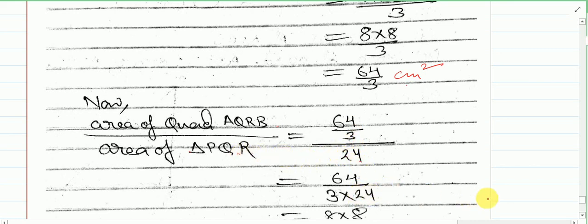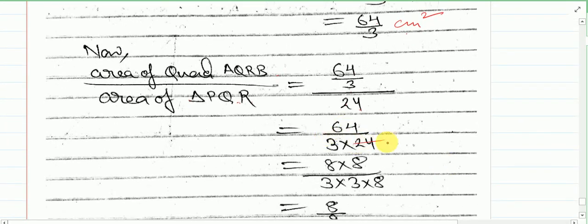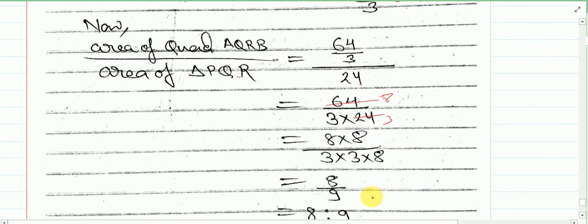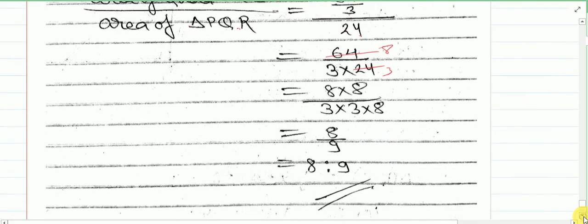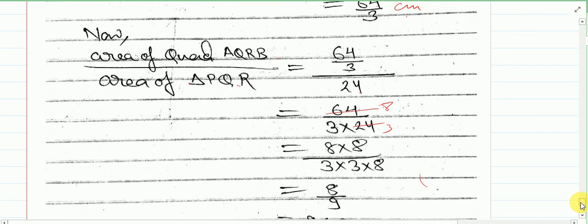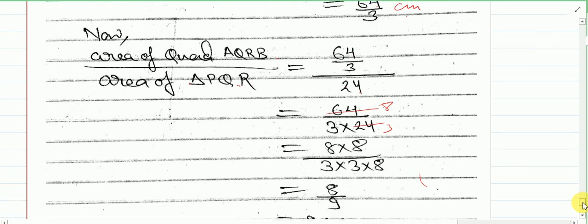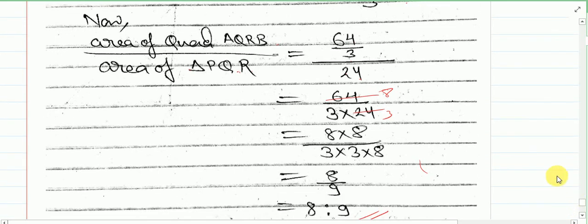So put here. Now you can simplify, 8 3s are 24 and 8 8s are 64. So you get 8 upon 9, that is 8 is to 9. This is the ratio of area of quadrilateral and area of the triangle PQR.